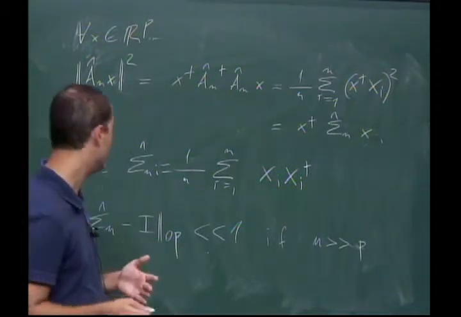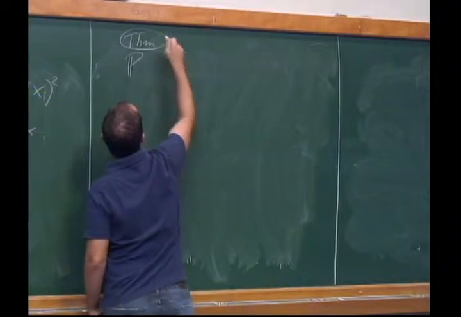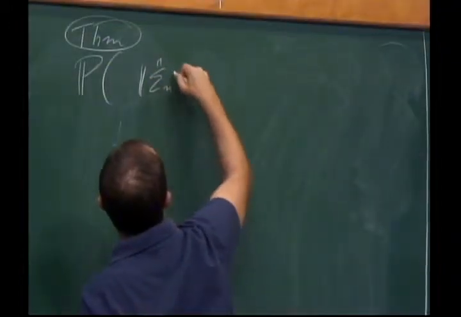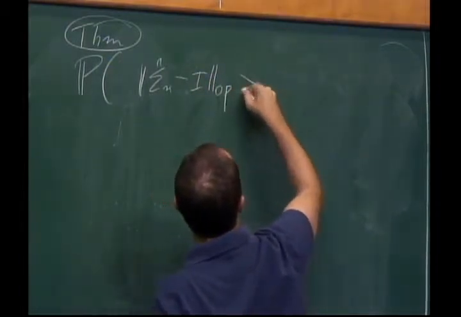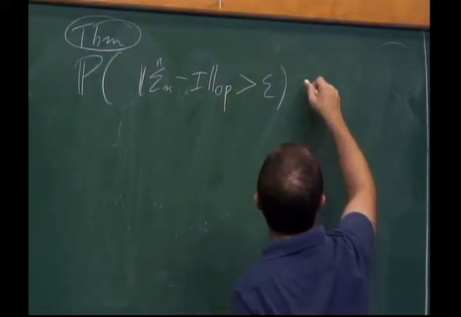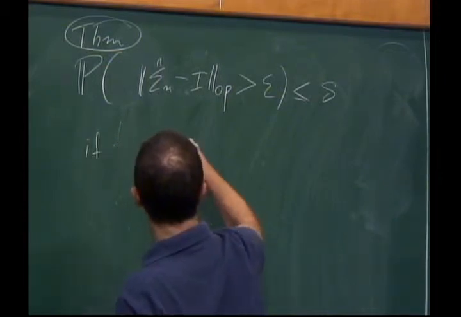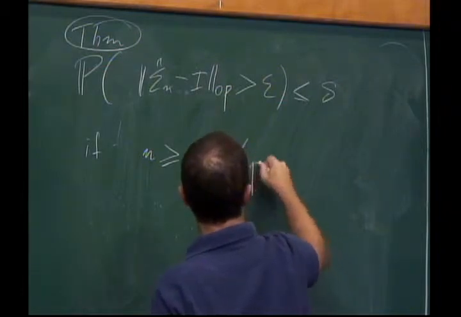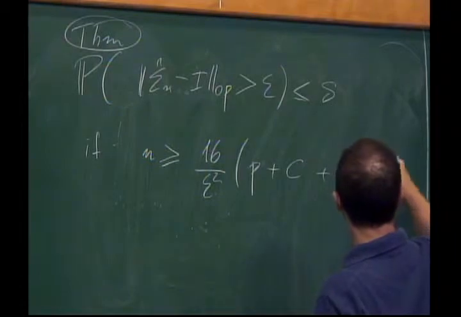So, okay, here's a precise statement. The probability that the operator norm is greater than epsilon is less than delta if n is larger than 16 over epsilon squared, p plus some constant plus log of 1 over delta.